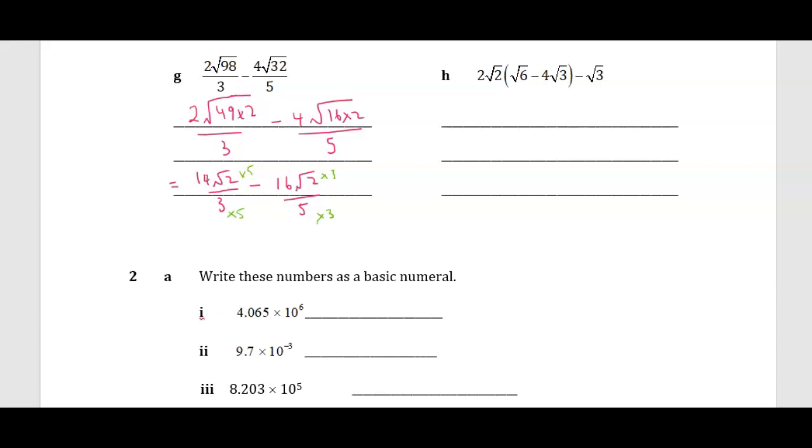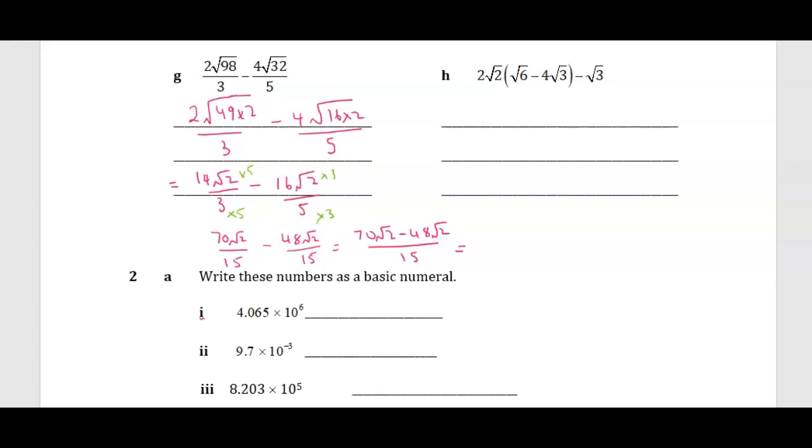So 5 times 14 is 70 root 2 over 15, minus 3 times 16 is 48 root 2 over 15.